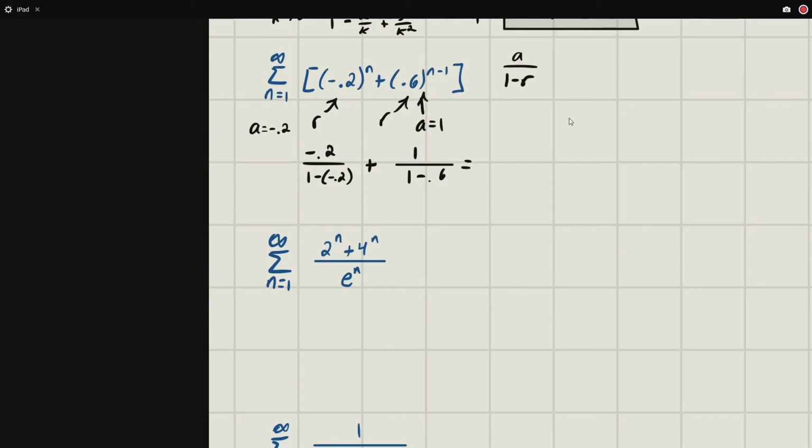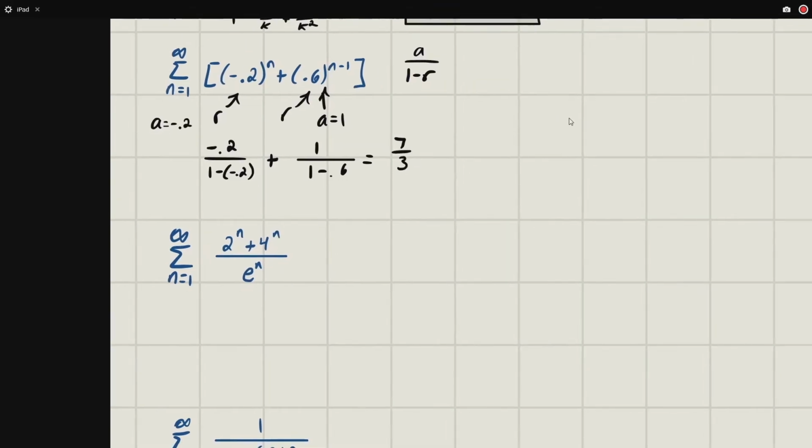Let's go ahead and type this in real quick. So we've got negative 0.2 over 1 minus negative 0.2 plus 1 over 1 minus 0.6. And I get an answer of 7/3. And this obviously converges. This is a geometric series. And so that's the shebang with that one right there.